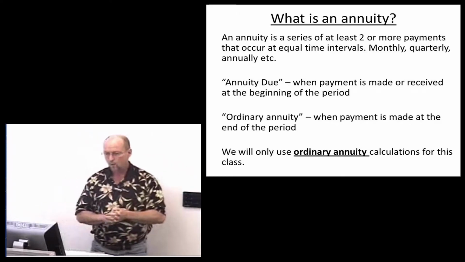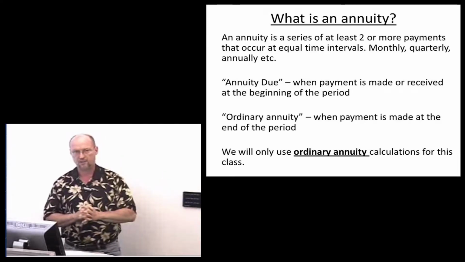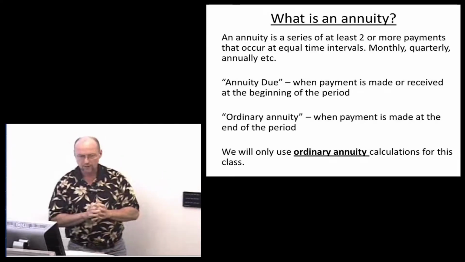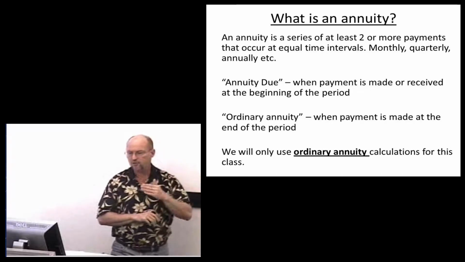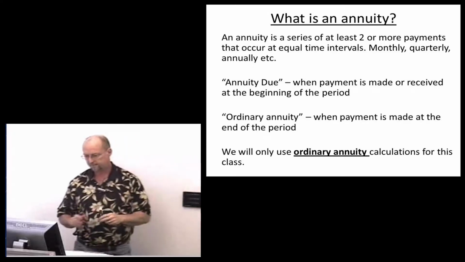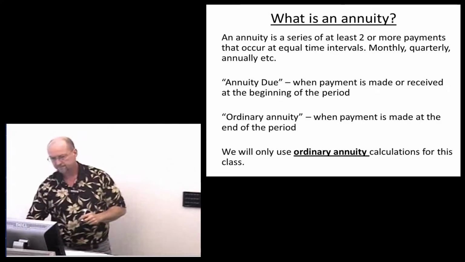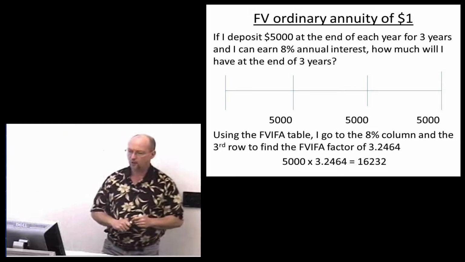We're only going to use ordinary annuity calculations for this lecture. So you are aware that you could have beginning payments or ending payments, but we're only going to use ending payments. Let's first look at a future value ordinary annuity calculation.